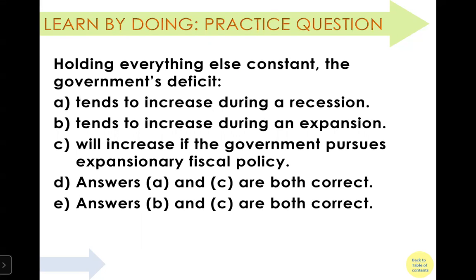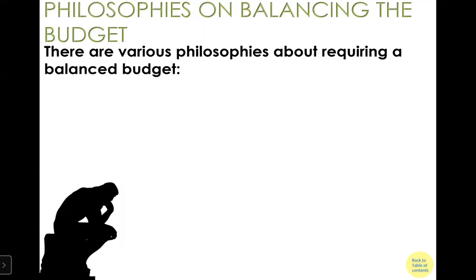And C, will increase if the government pursues expansionary fiscal policy. That's correct, right? Expansionary fiscal policy will decrease T, increase G and TR. That's exactly what the government will do during a recession. So hence the answer is D. Both A and C are correct.